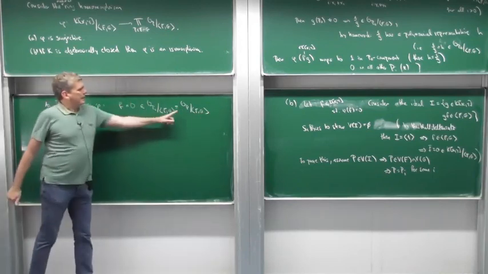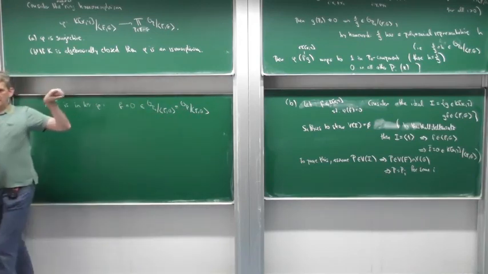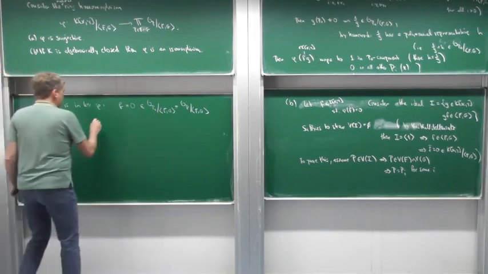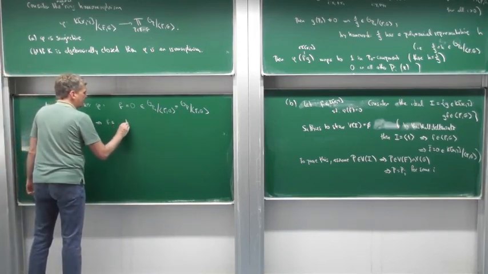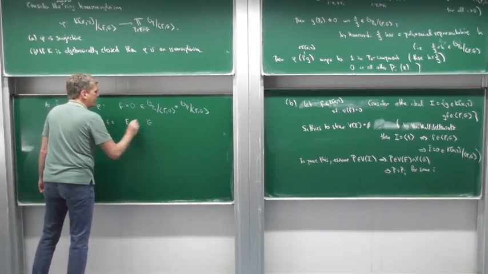And that means that it's in this local ring a linear combination of F and G. So that means we can write F in the local ring as something times F plus something times G.